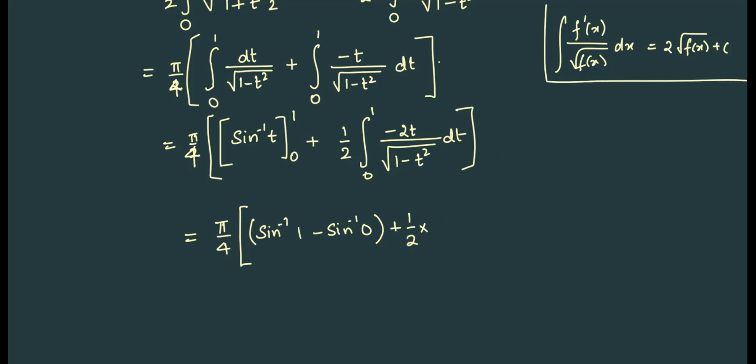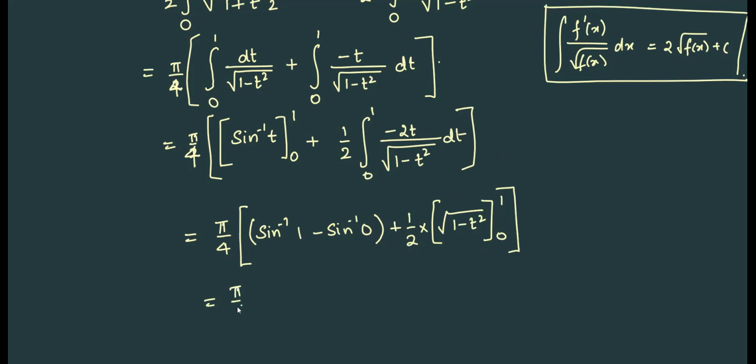So the antiderivative for this function is under root of 1 minus t square, put from 0 to 1.